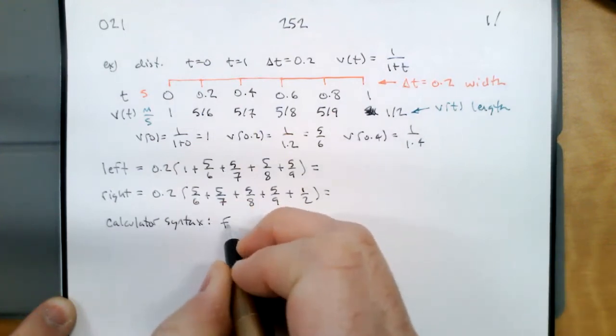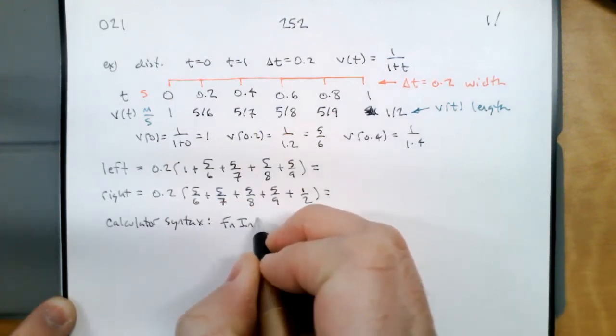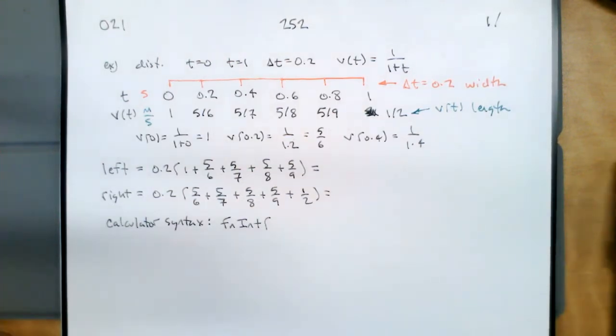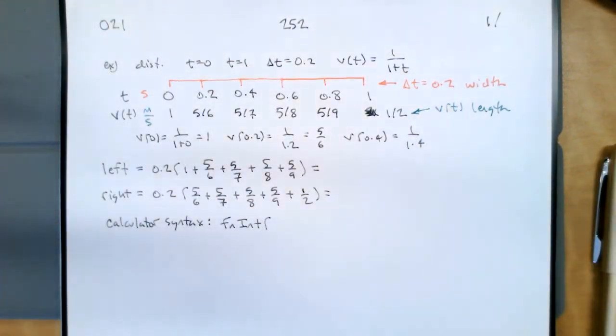you could do FNINT. To get this command, you go into the math menu, you press the math button on your calculator, which is funny because it's a calculator and they're all math buttons. But you pick the one that's specifically labeled math, and then scroll down to, I think it's choice B, FNINT, because we want to do an FN integral.